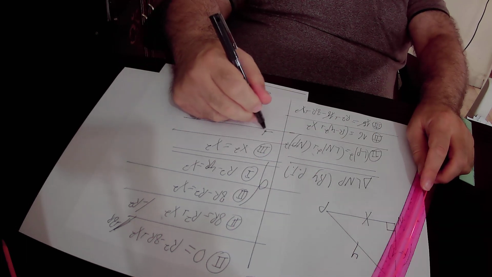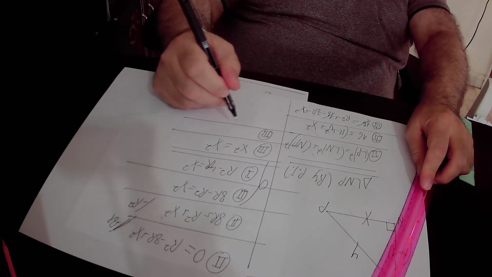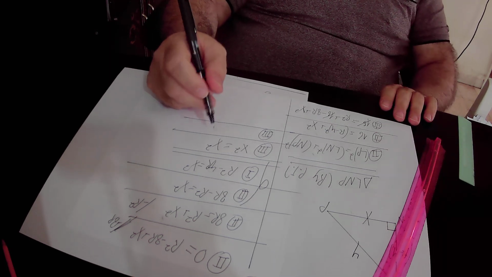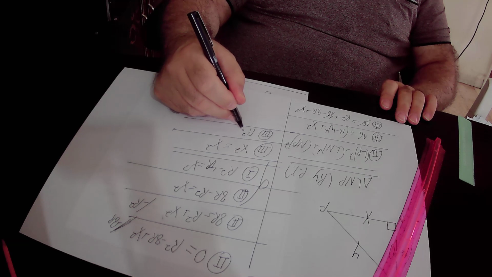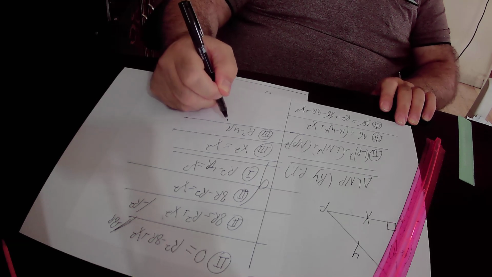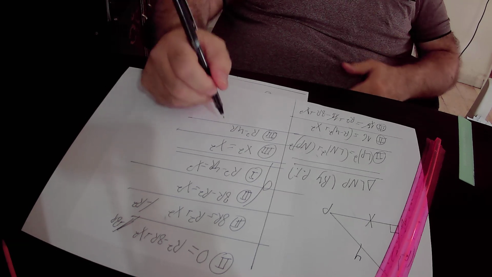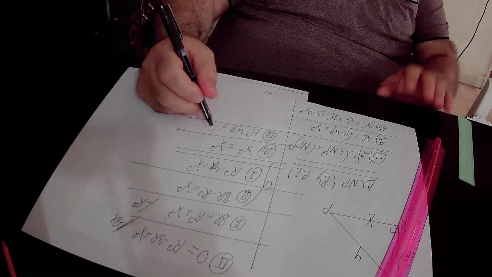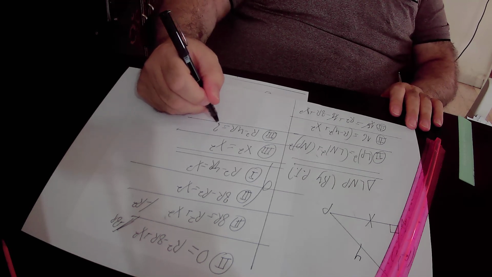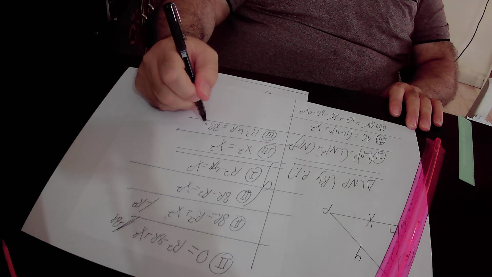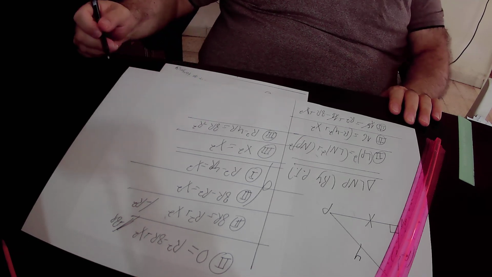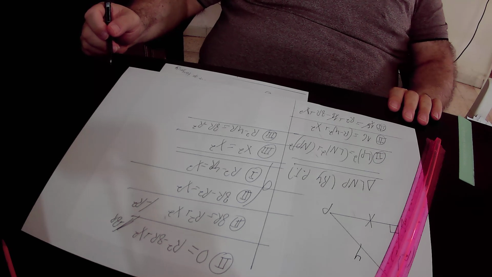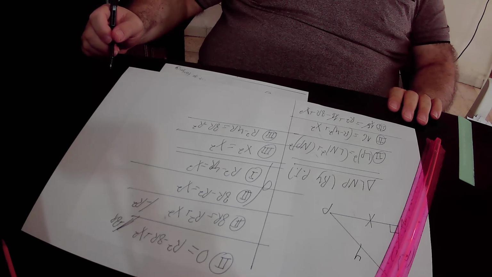So according to equation number 3, x squared according to equation number 1, it is r squared minus 4r, and it must be equal to x squared according to equation number 2, that is 8r minus r squared. So in conclusion, according to equation number 3, r squared minus 4r equals 8r minus r squared.